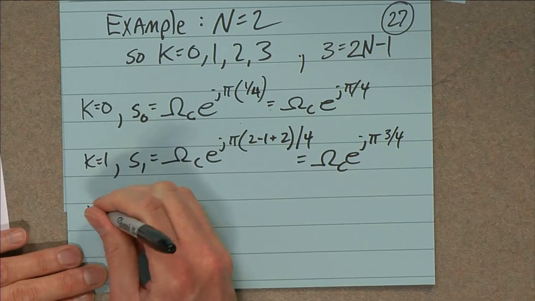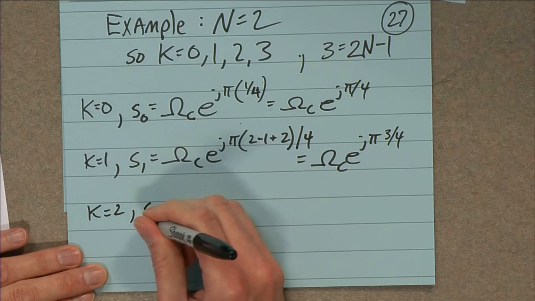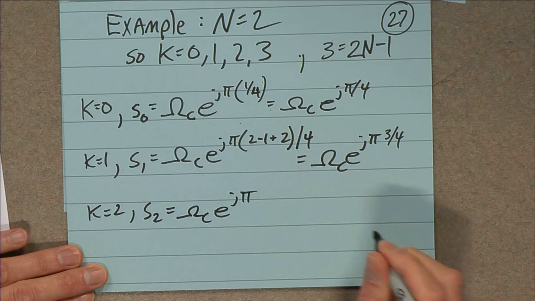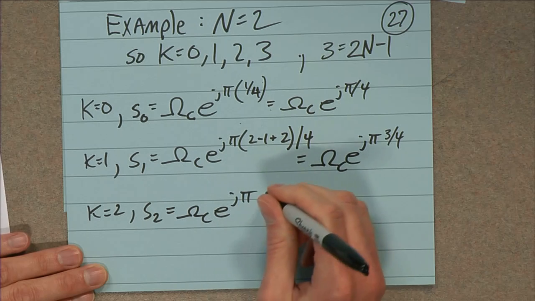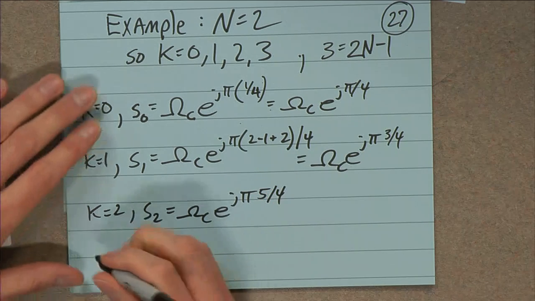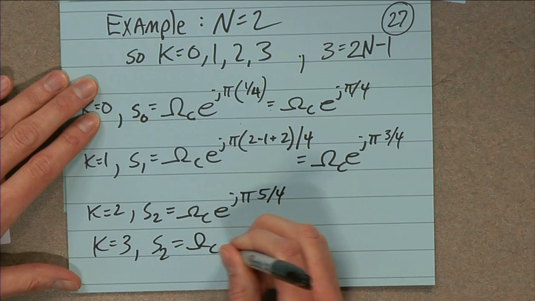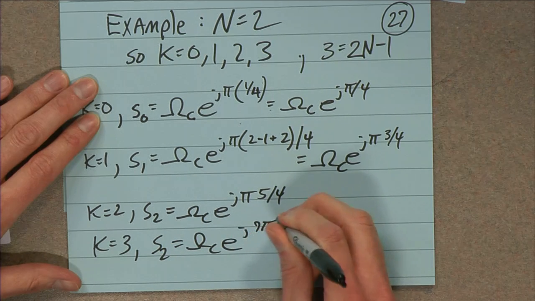And so forth and so on. S2 is omega c e to the j pi. This turns out to be 5 over 4. And our last one is e to the j 7 pi over 4.